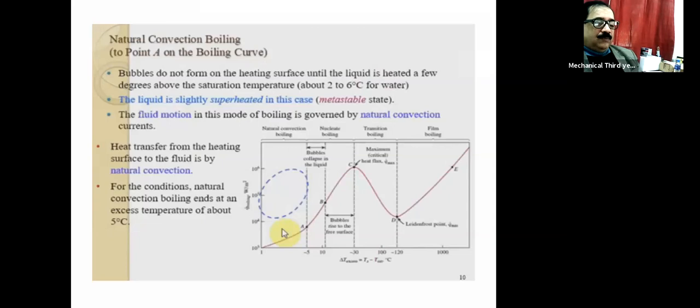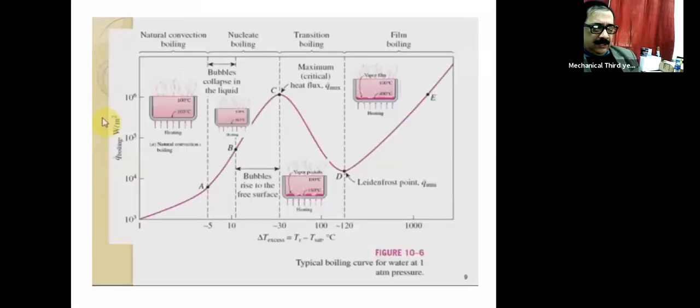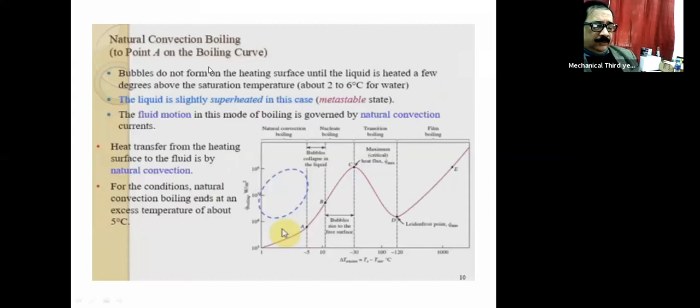This is natural convection boiling, right? The same figure is here. So this is from the origin to point A on the boiling curve. From here to A, this is the natural convection boiling zone. What happens here?